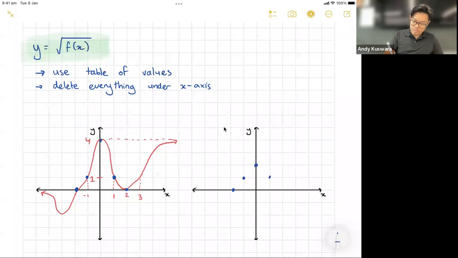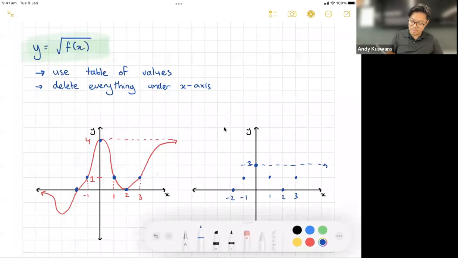Square root of 0 is going to be 0. Square root of 1 again is going to be 1 again. And then it's going to approach 4. So in other words, it's going to approach 2. So I'm going to say that's 2. This is going to be maybe -2, -1, 1, 2, 3.